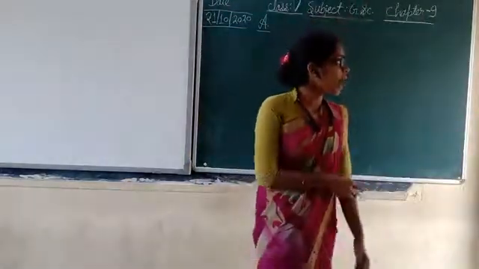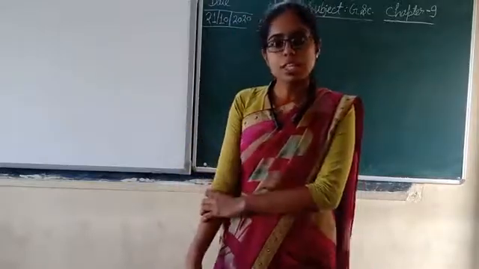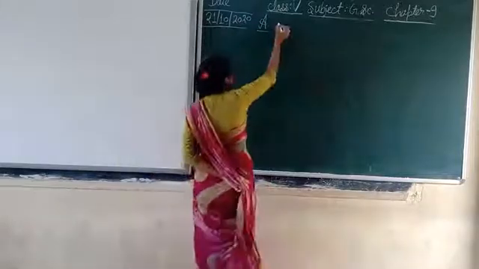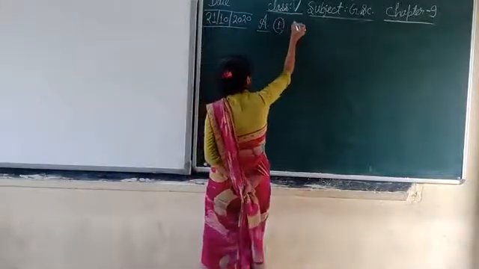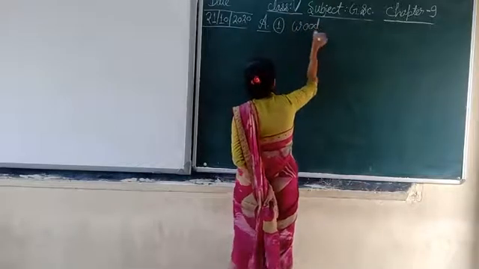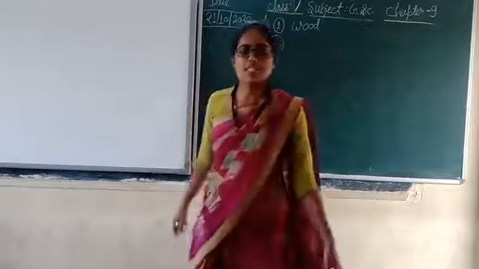So which one is having the strongest force between its molecules? Wood. So what will be the answer? Second option is correct, and we have to put the tick mark in the second box. Answer is wood for the first question.